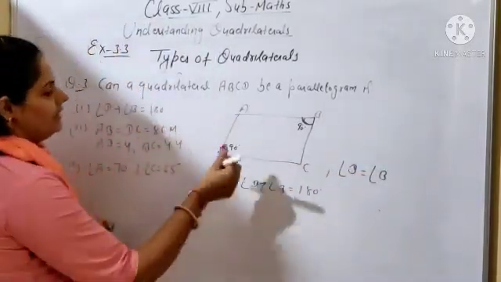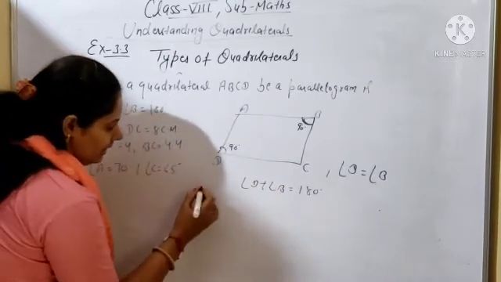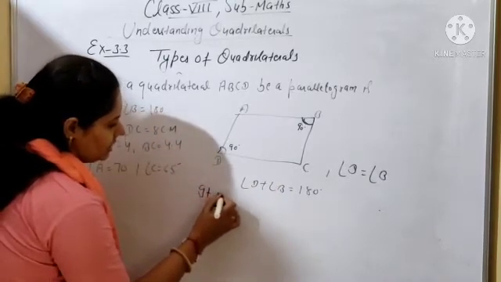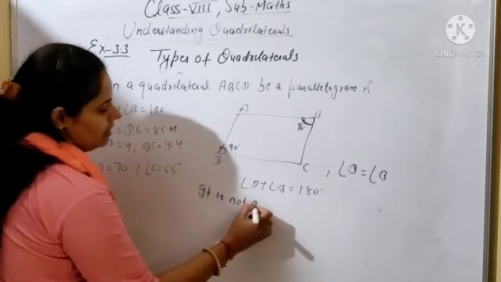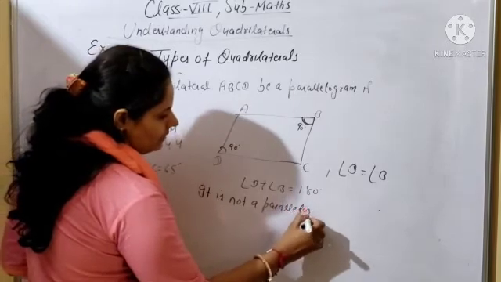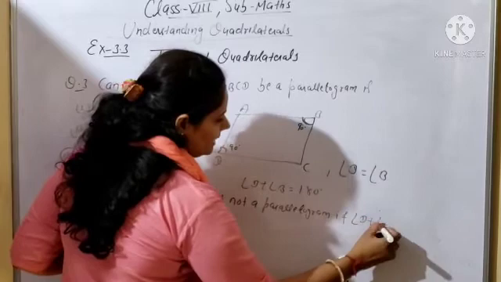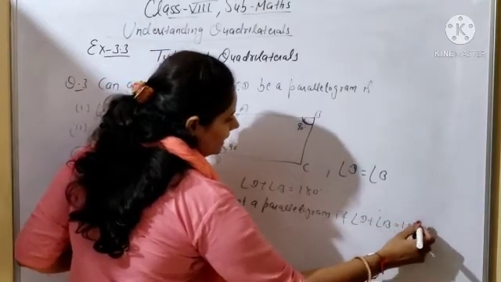So you can say here this one will be not a parallelogram if angle D plus B is equal to 180.